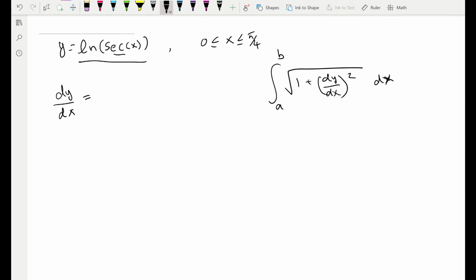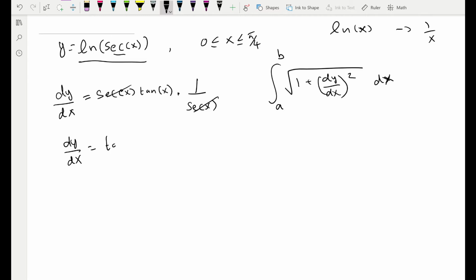If you differentiate secant x, you get secant x tangent x, times, now if you differentiate the natural log outside function, we get 1 over secant x. The derivative of natural log x is 1 over x. The secant x cancels out, so the dy/dx here is tangent x. That's your derivative. Let's plug this information into the formula.